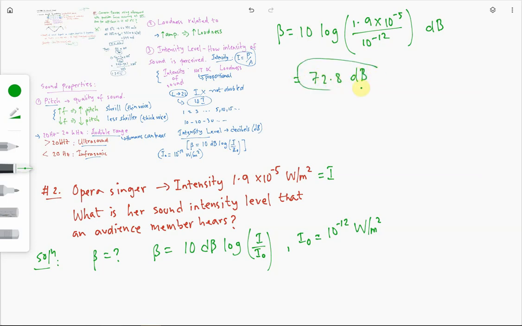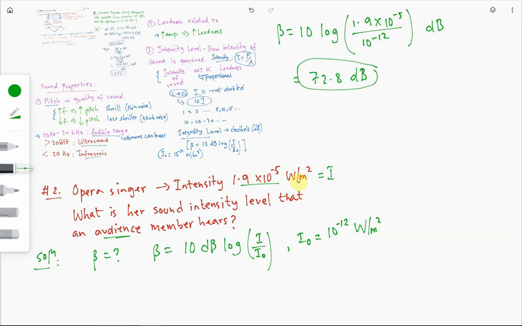So this is the intensity level of the sound that the audience member hears, while the intensity of the sound was this much. I hope this clarifies the difference between an intensity and intensity level. Very shortly, if you cannot grasp the differences, just look at their units.